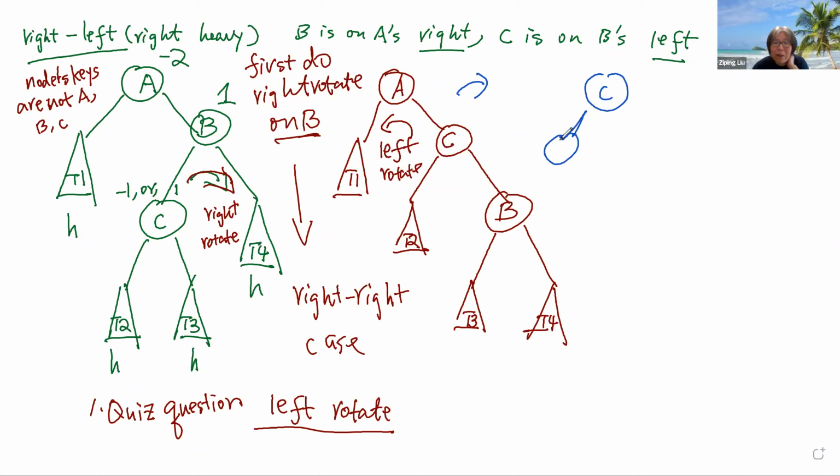Then it's A, and A has T1. C has T2, and T2 should go to C's left, so you place it on A's right. Then you still have B, and T3 and T4. Now the tree is balanced.